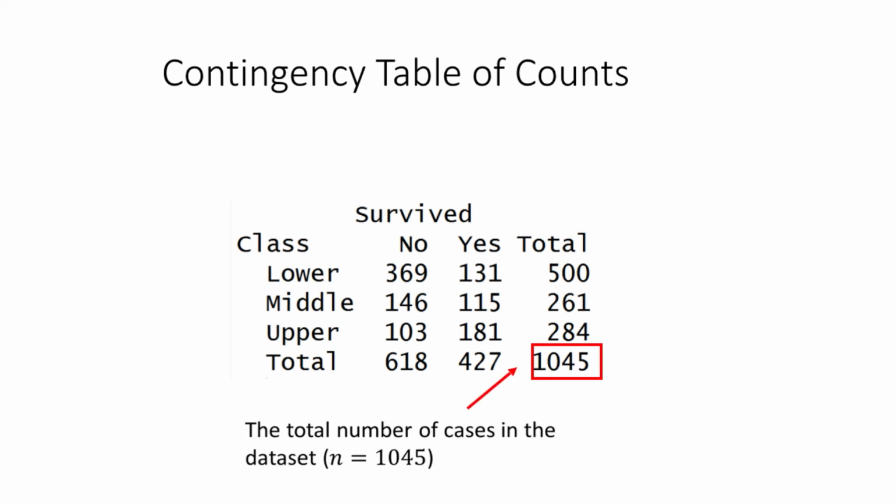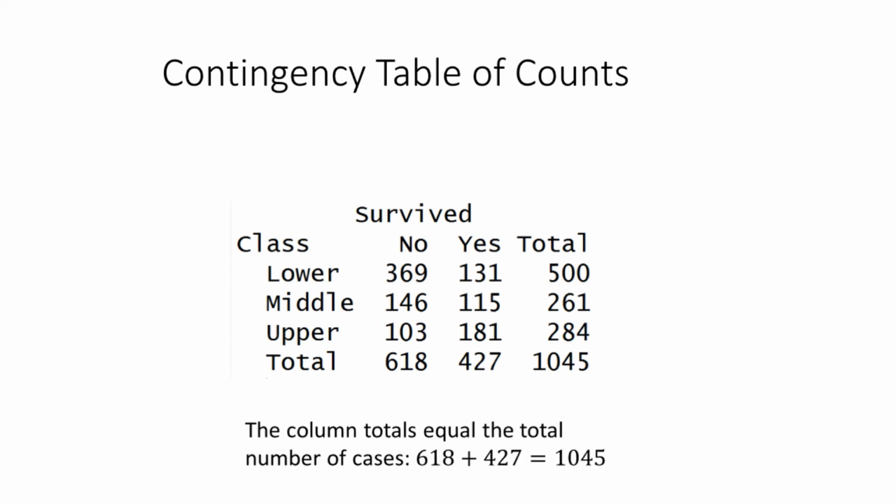Now this cell in the lower right-hand corner will give you the total number of cases in the data set. So here we have 1,045 passengers, right? One thing to keep in mind is that the column totals equal the total number of cases. So if you add 618 plus 427, you get 1,045.